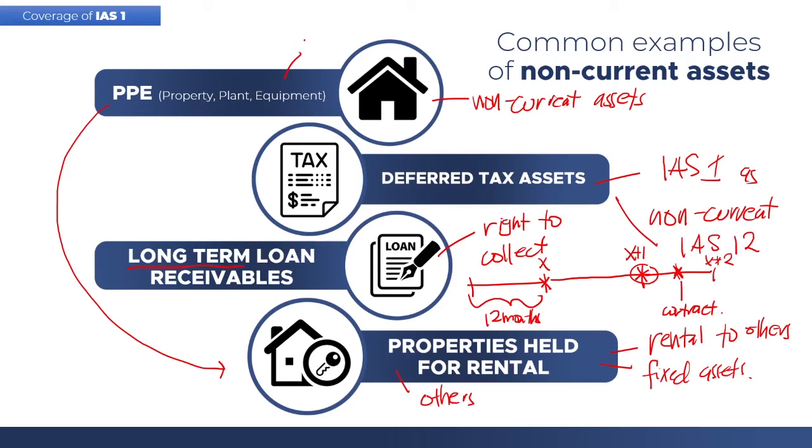This one is being used yourself. So the first one is being used by the company itself, the other one is being used by other parties, and you're just collecting cash flows. But both of them are non-current assets unless you have decided to sell them within 12 months after the reporting period, in which case it falls into the definition of a current asset as per IAS 1.